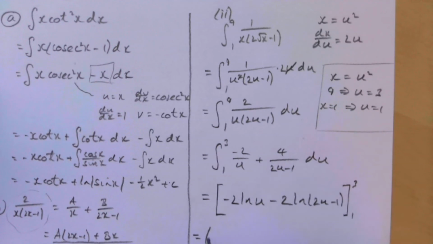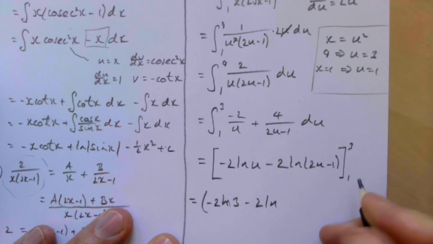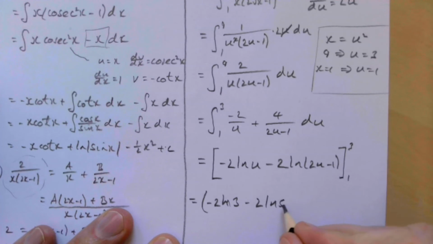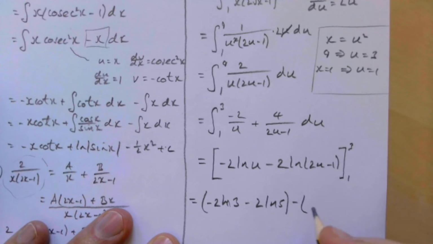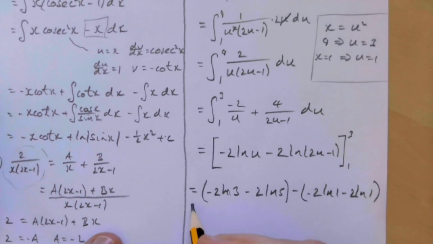Minus 2 ln 3 plus 2 ln 6 take away 1, so it's ln 5. Subbing in 1, minus 2 ln 1 minus 2 ln 2 times 1 gives me 2, take away 1 is 1. So that all just disappears because ln 1 is 0.